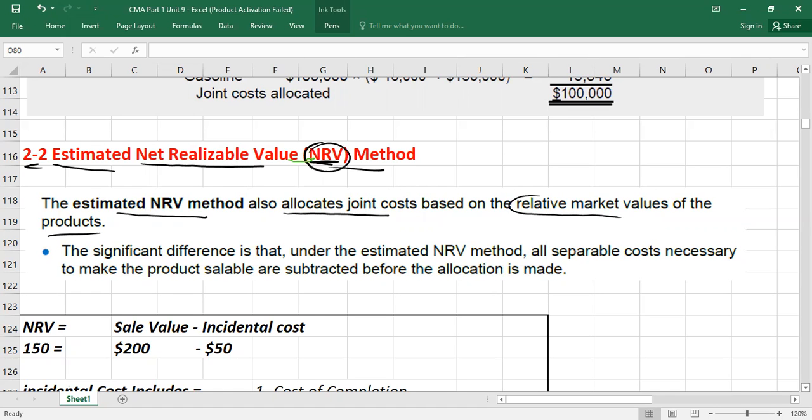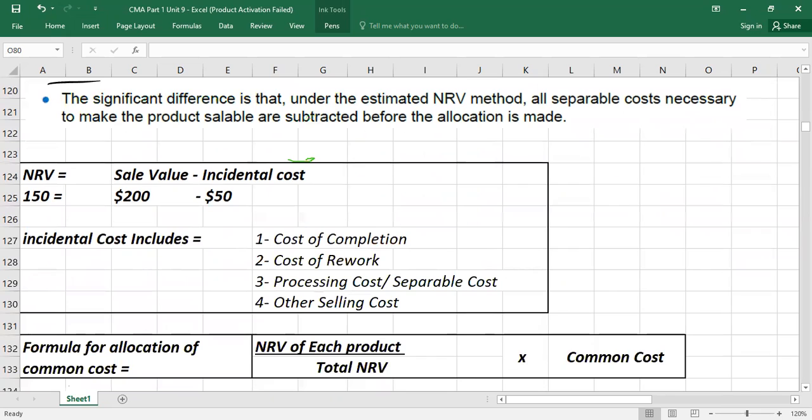So for example, guys, I'm just giving you an example to understand only. For example, you want to sell a car and you have to travel all the way to Abu Dhabi. If you sell the car there, you will get $200 as a sale value. Understood? From this sale value, we will deduct which cost? Incidental cost. It's not an accidental cost, it's incidental cost.